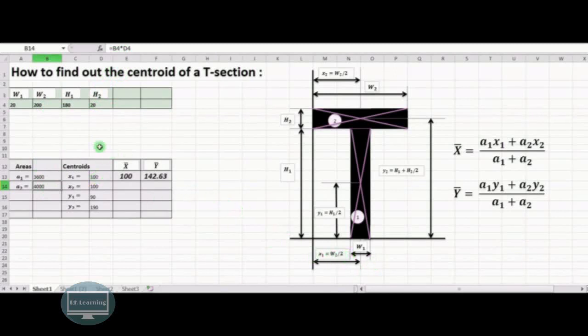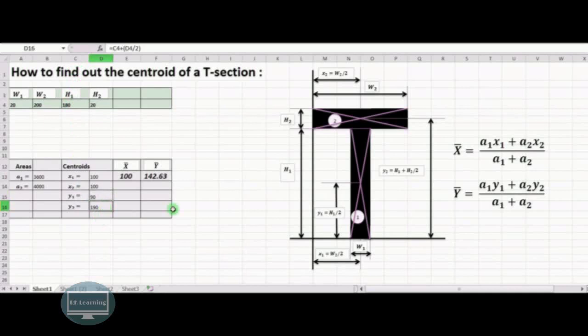Similarly, x1 is equal to W2 upon 2, which we have written in formula form as B4 upon 2. Here also it is B4 upon 2. Then y1 will be equal to H1 upon 2, and H1 is represented by this cell C4, so it is C4 upon 2.